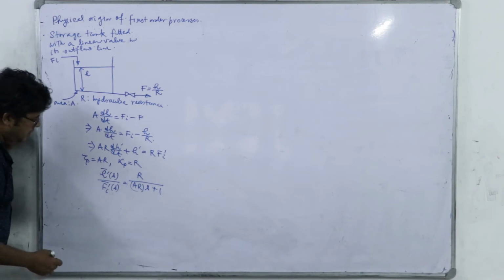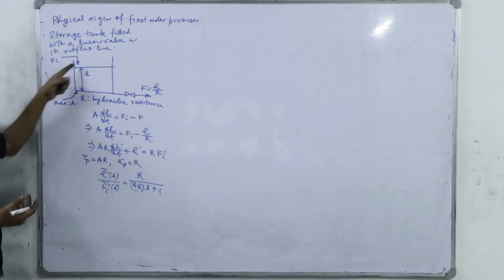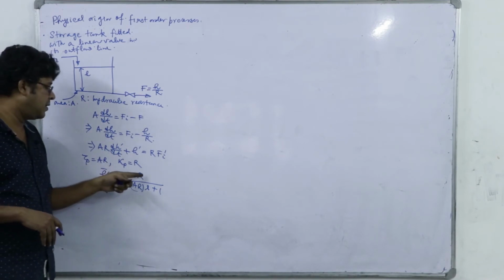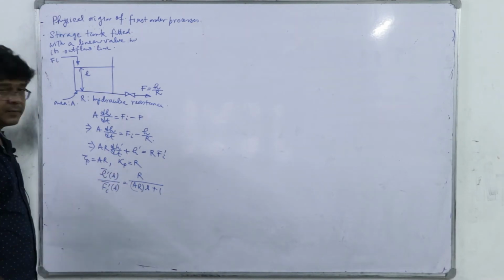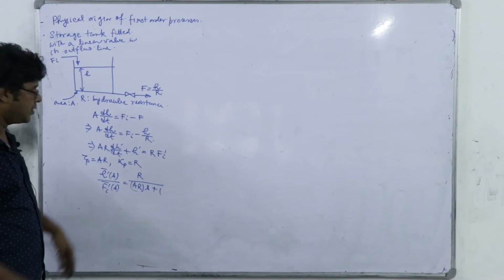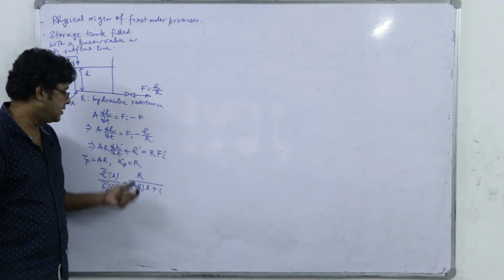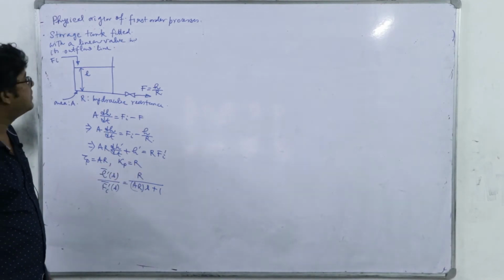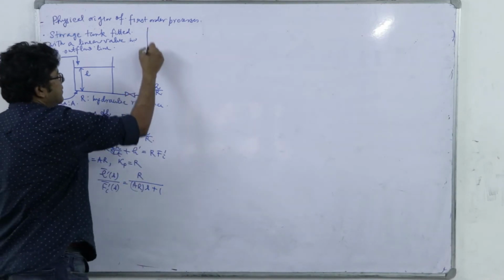So if you change this Fi by a positive step, we will have exponential growth of the level, and it will saturate to a value of R multiplied by the step height. Like if you give Fi a step height of small a, the final H' will be R times small a. So that is the storage tank.